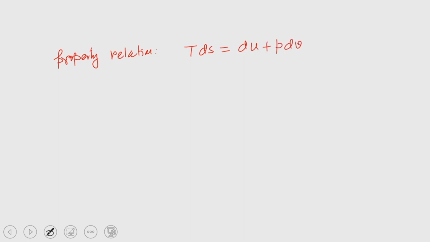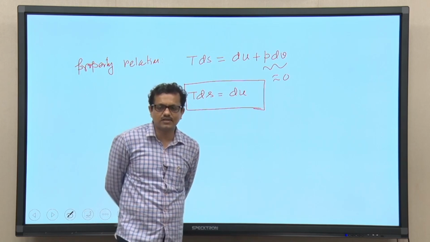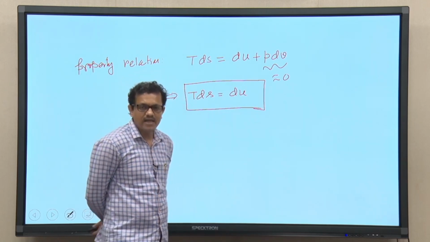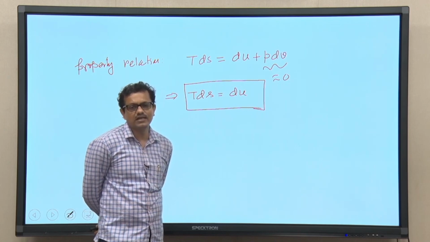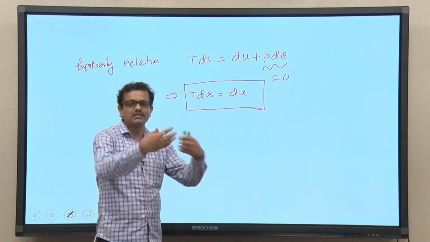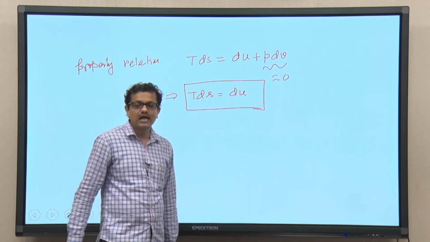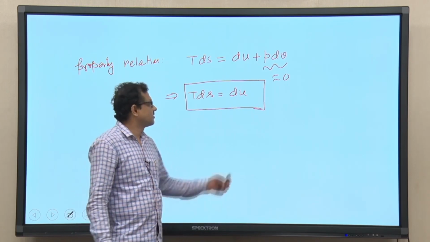You know that this quantity is equal to 0, so TdS equals dU. This property relation is valid for any process, but before applying this equation to any process, we have to integrate it over a reversible path, and the results of integration can then be applied to any process.